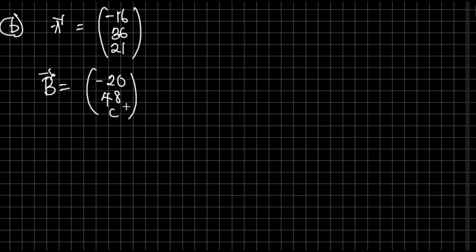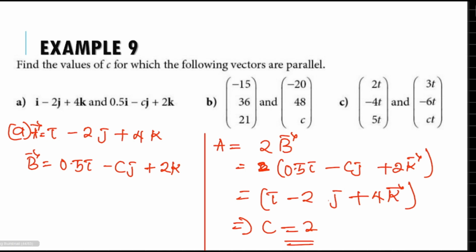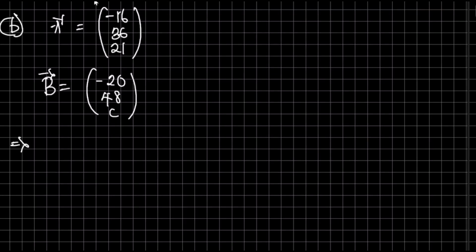Okay, so which one is complete? A. So let's solve from A. From A, let's study the parameters. We have a minus 16 here, so does it make sense? Minus 15, rather. So we have minus 15, 36, 21.